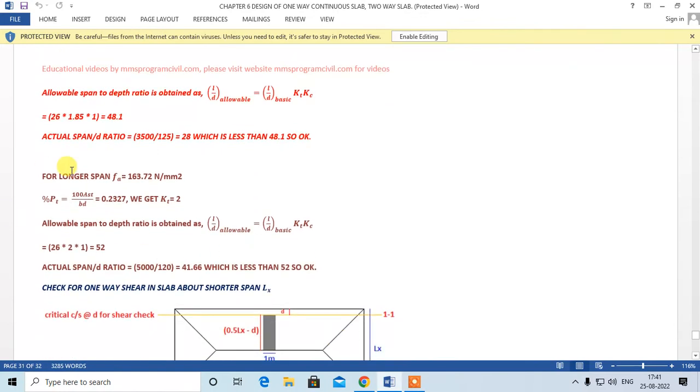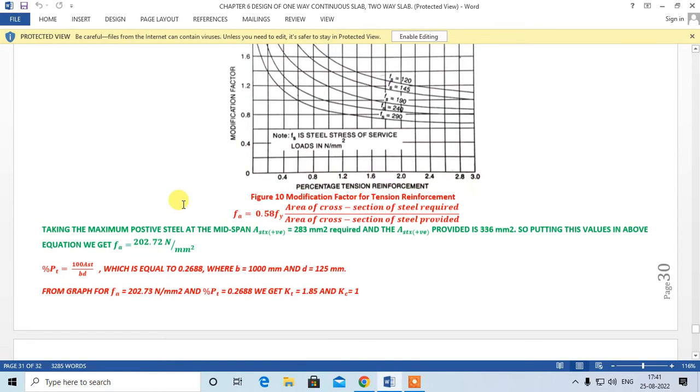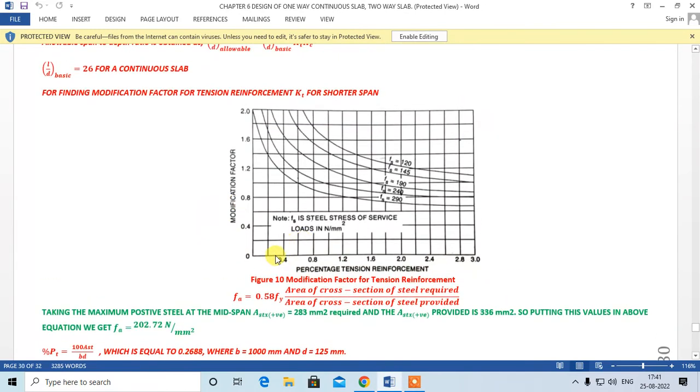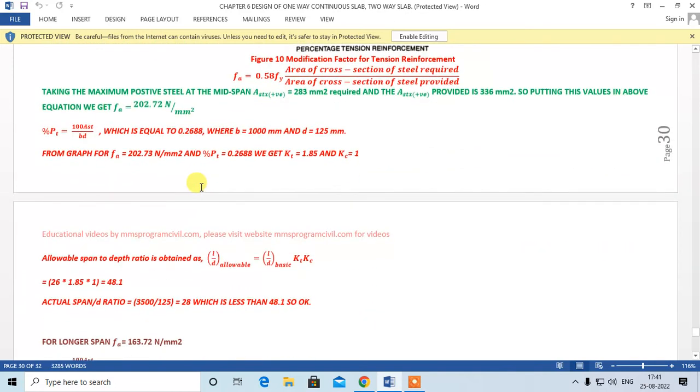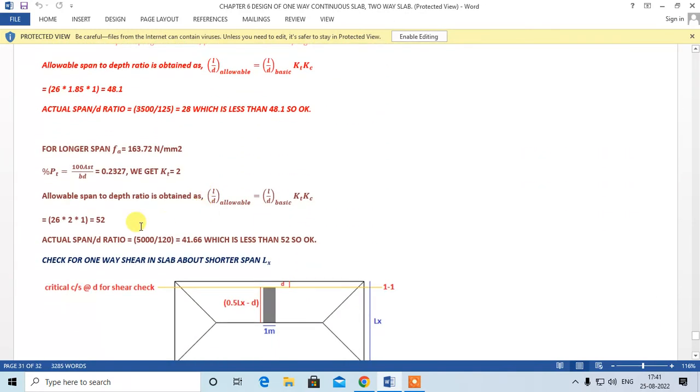For the longer span, you find your stress in steel is this much, 163.72. Pt is 0.2327. For that, you get KT equal to 2. You can check this on your own, it's very simple. I already explained it in the last chapter, the design of one-way continuous slab.